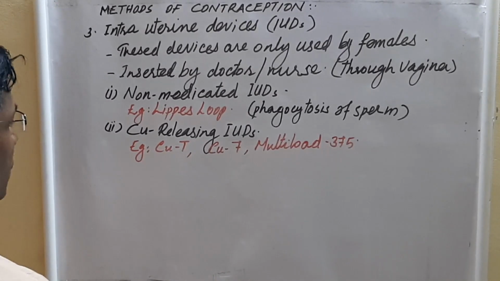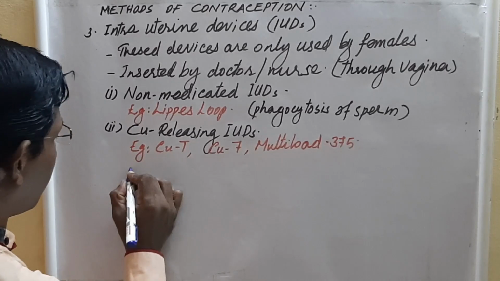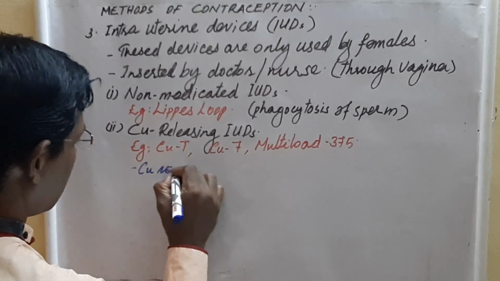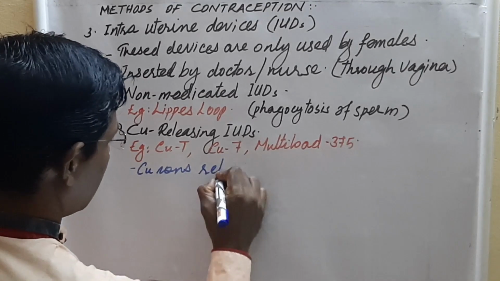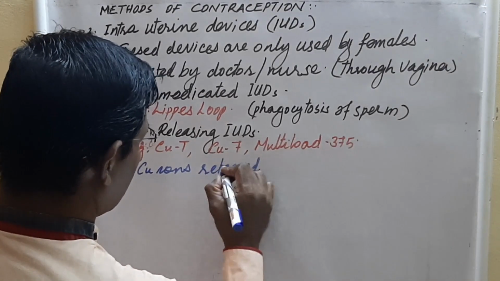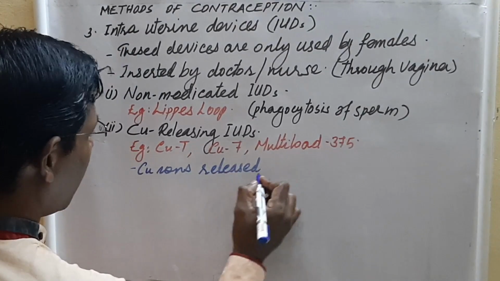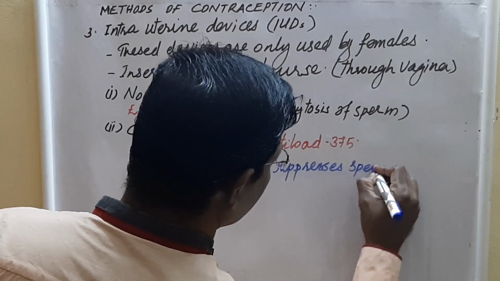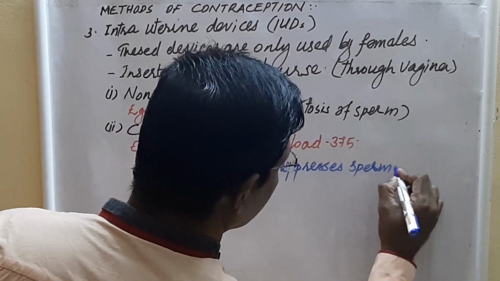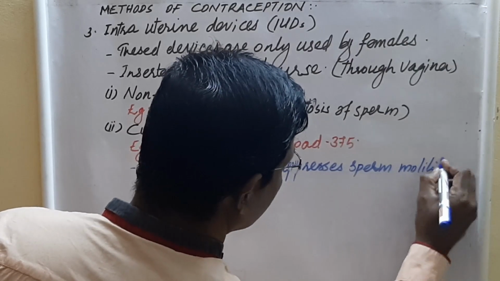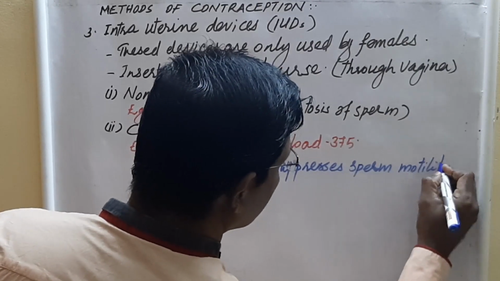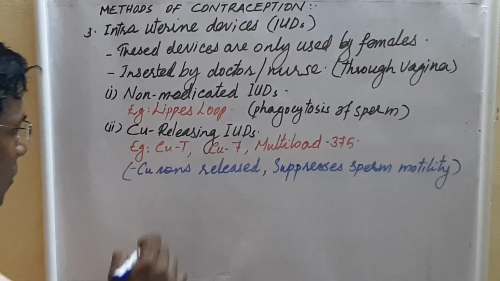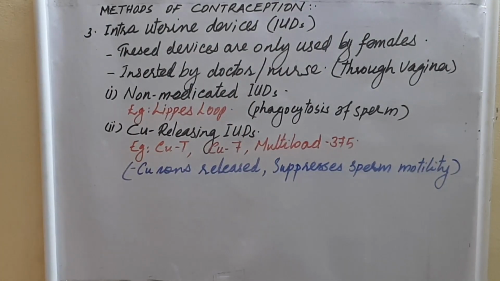The copper ions released suppress the sperm motility and fertilizing capacity, and thereby the chances of fertilization are also suppressed.